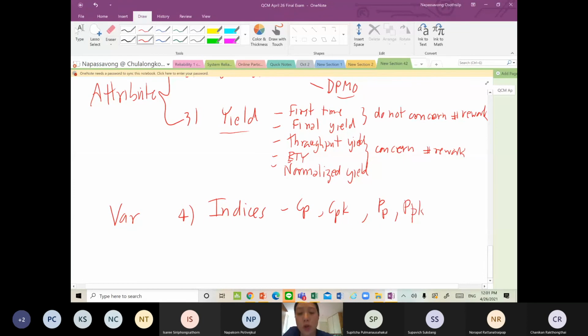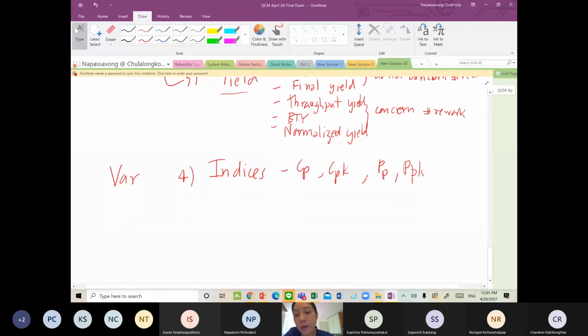So you should be able to interpret based on the criteria of 1.33. And you should be able to tell that CP is about the variation. CPK is about both variation and the mean.